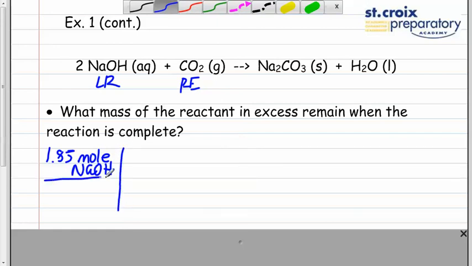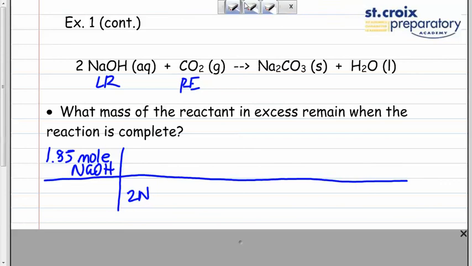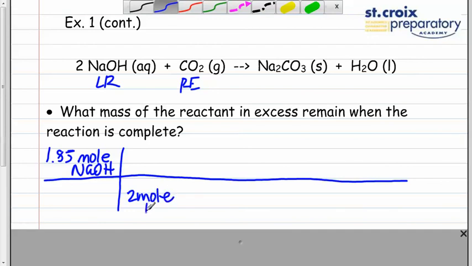Using the coefficients from the balanced equation now, I can use my mole to mole ratio to compare my moles of sodium hydroxide to my moles of carbon dioxide. And from the balanced chemical equation, that ratio is 2 to 1.